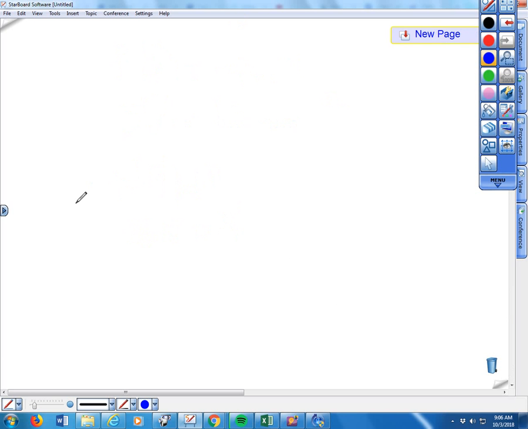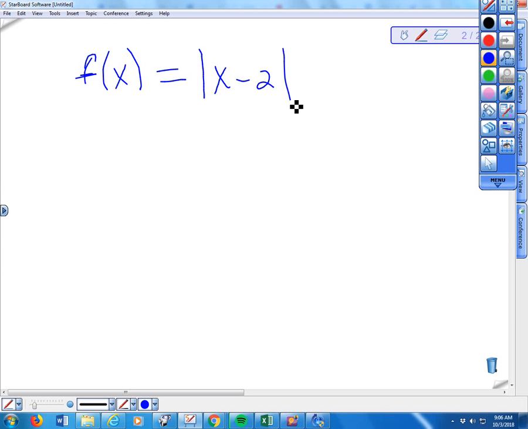Okay, so before I even start this problem, when I finish with my answer, what should the shape of the graph be? A V. Okay, so right away, if my graph is a line, I have done something wrong. Go back and fix it.